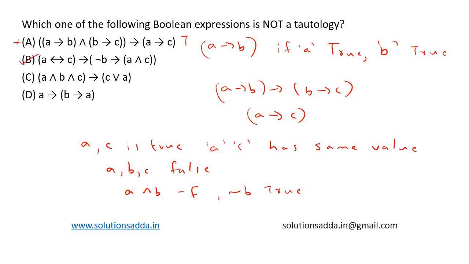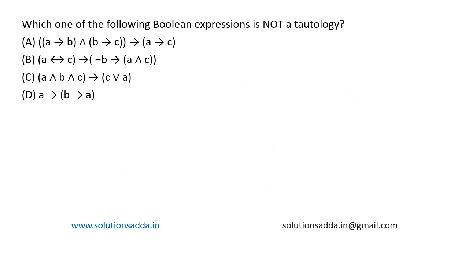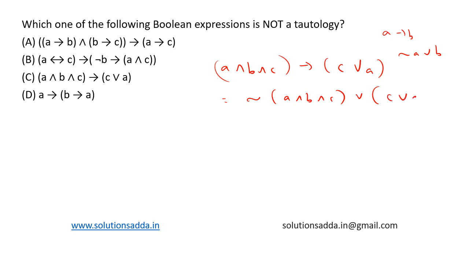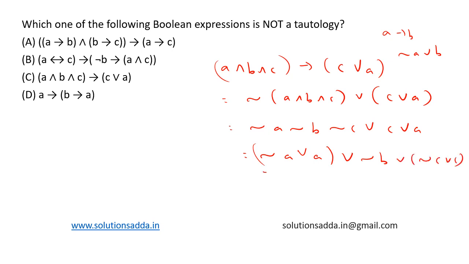Now let's see option C. Option C means that A and B and C implies C or A. Assuming A implies B is equal to negation A or B, we can rewrite it as negation of A and B and C, or C or A. We can rewrite it as negation A, negation B, negation C, or C or A. Again rewriting, negation A or A or negation B or negation C or C. We have true or negation B or true, which evaluates to true.